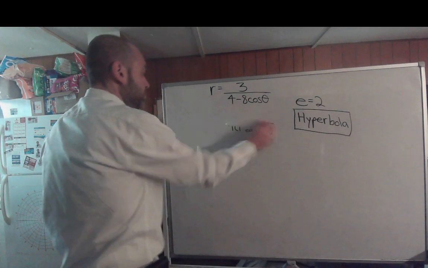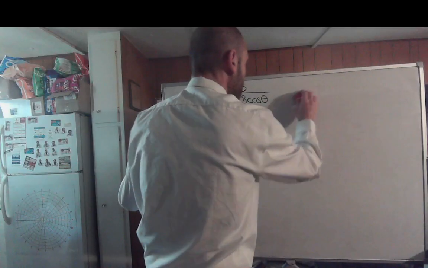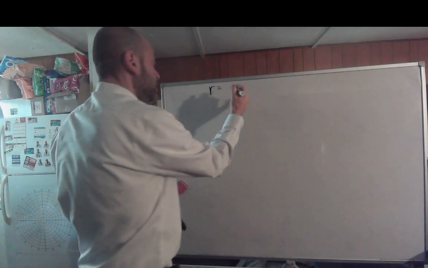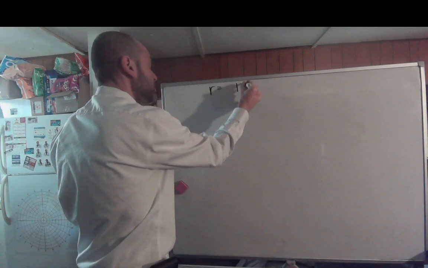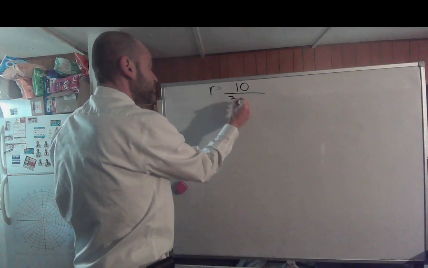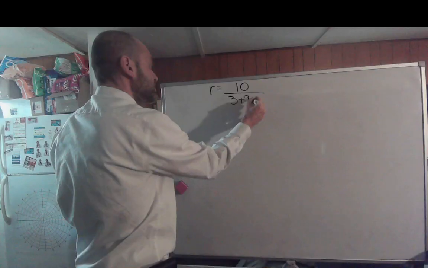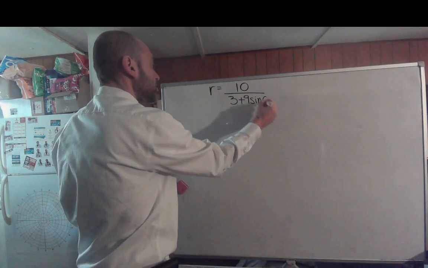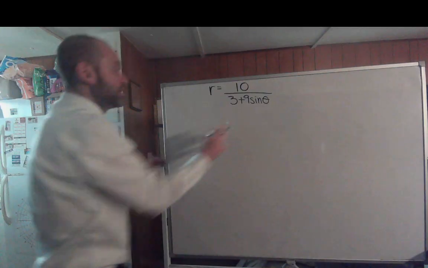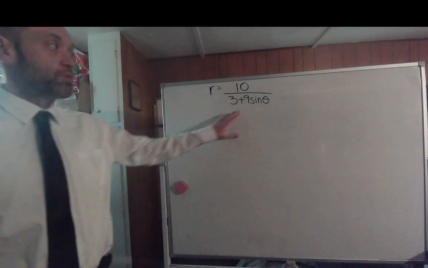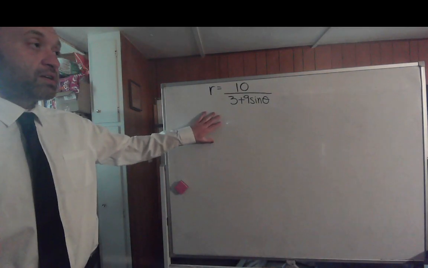Let's do another one, and then we're going to change gears a little bit. All right, r equals 10 all over 3 plus 9 sine of theta.